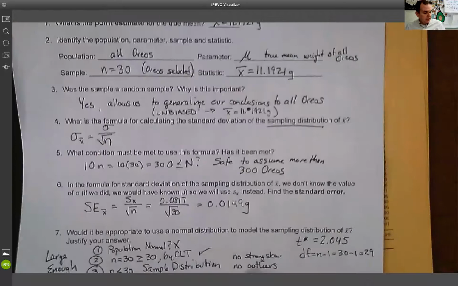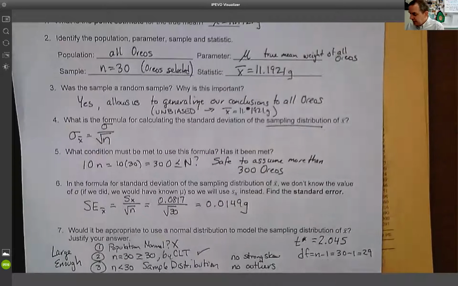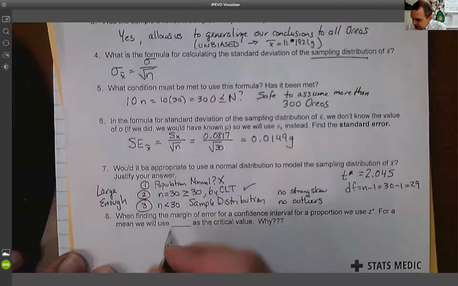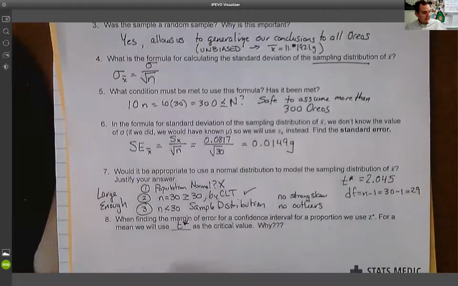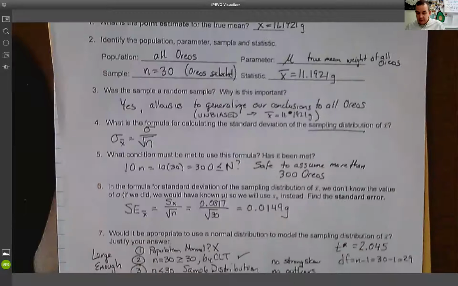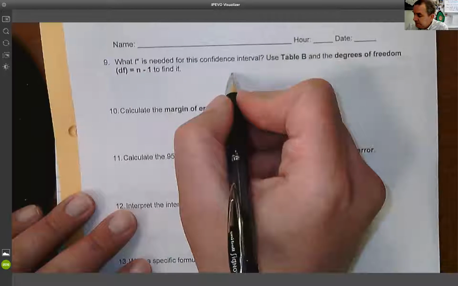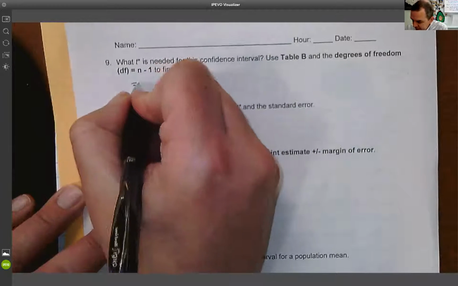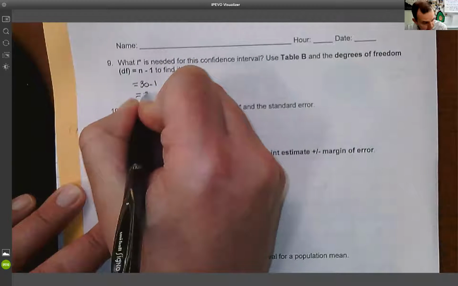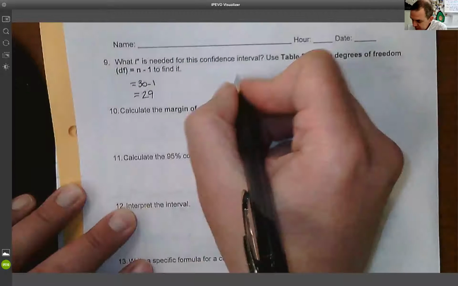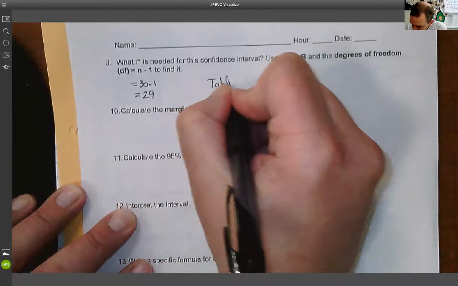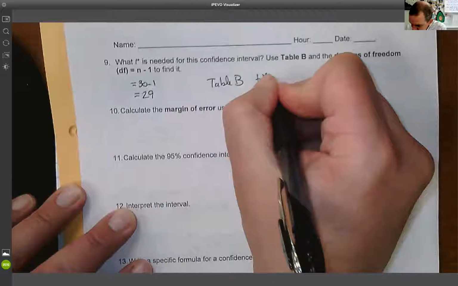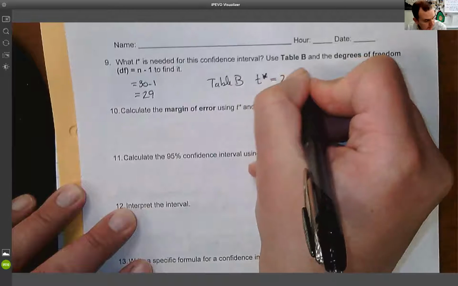So what we're going to actually do is find the margin of error for a confidence interval. We're going to use that t star. The way we're going to figure it out, our degrees of freedom again are 30 minus 1, they're 29. So now from table B, we find out that our t star is equal to 2.045.